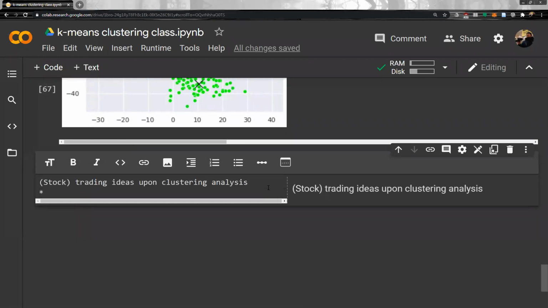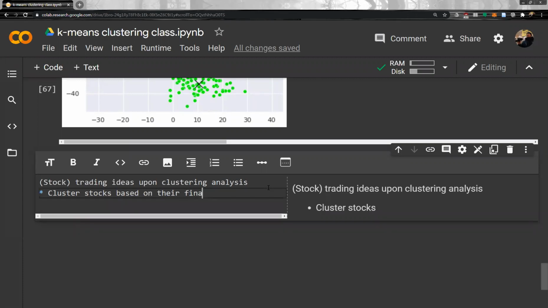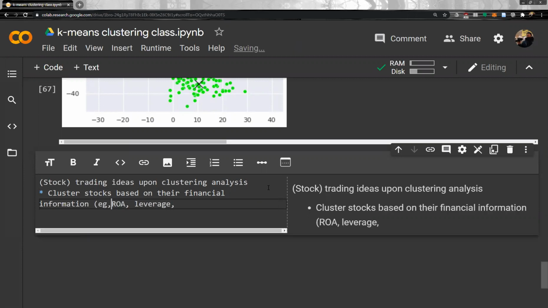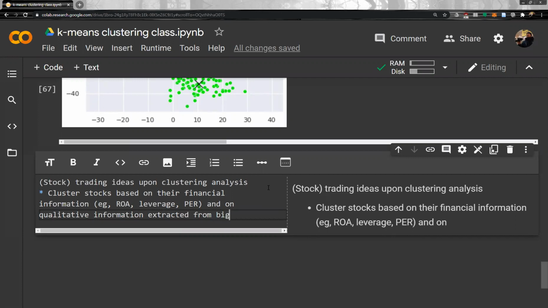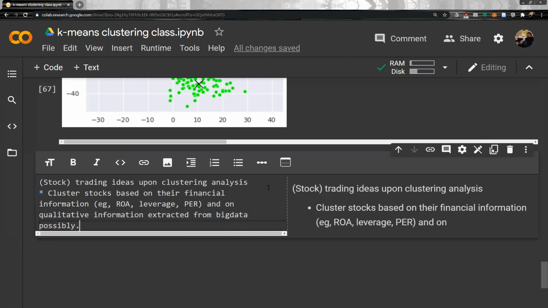So what we can do is we can cluster stocks based on their financial information, like ROA, leverage, and PER, price earning ratio, and possibly on qualitative information extracted from big data, not always possible.